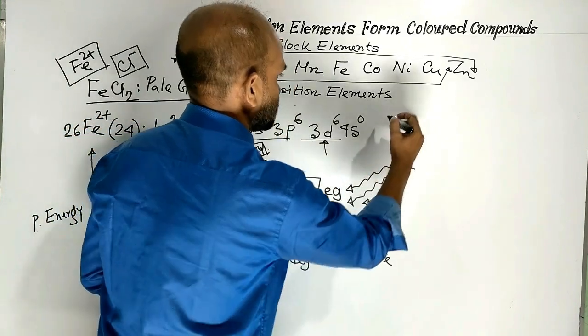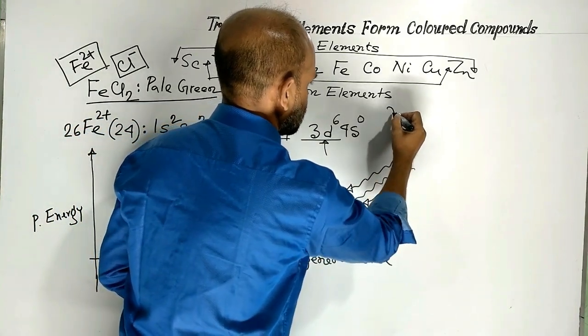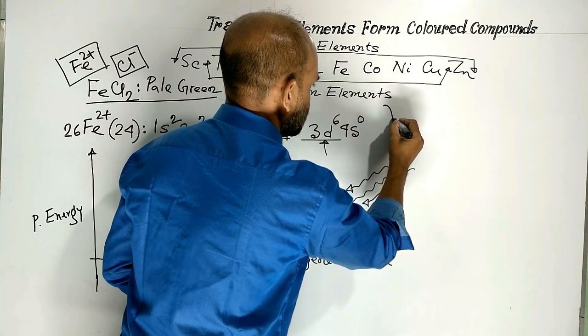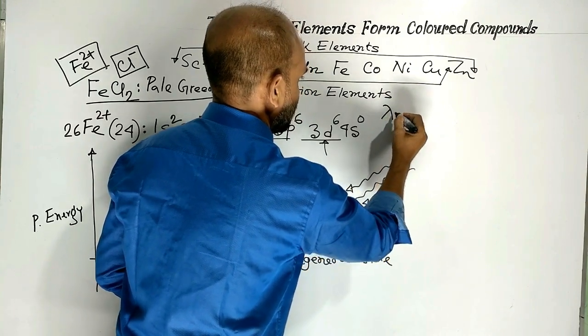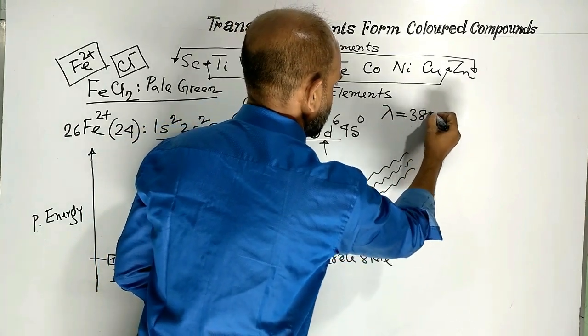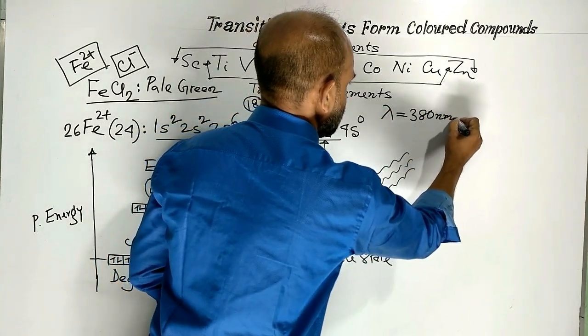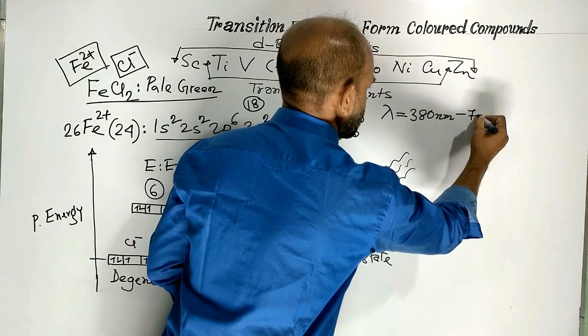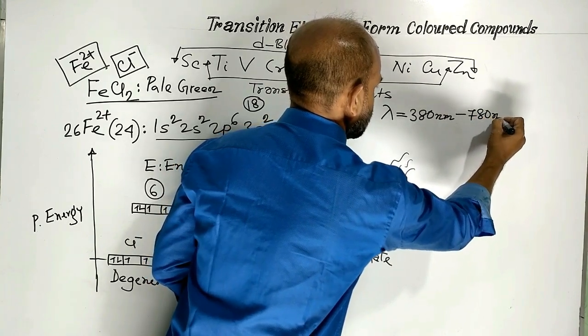Radiations of the visible light region have a wavelength of 380 nanometer to 780 nanometer.